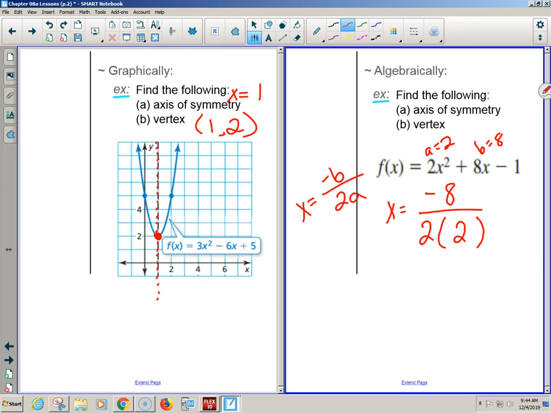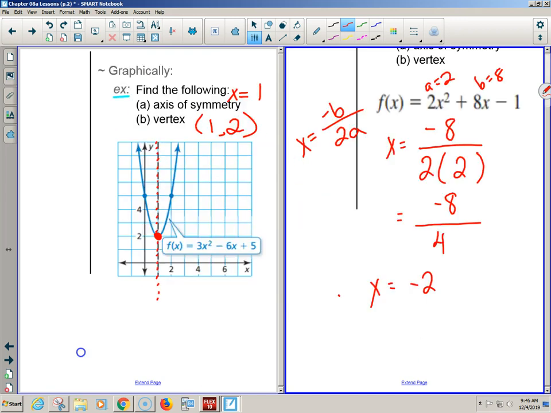Everybody okay with where all the numbers came from? Negative who? Him. Okay. 2 times who? Him. All right, fine. So what do we get? PEMDAS tells me to do what first? Parentheses. Yeah. What's 2 times 2? And what's negative 8 over 4? Negative 2. So guess what? We just found our axis of symmetry.